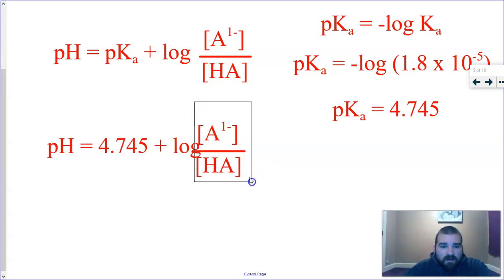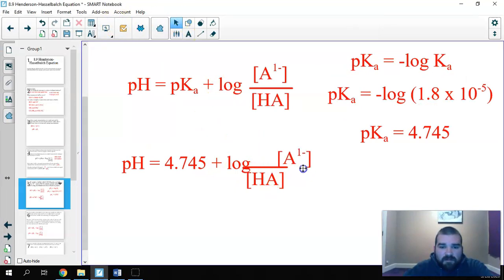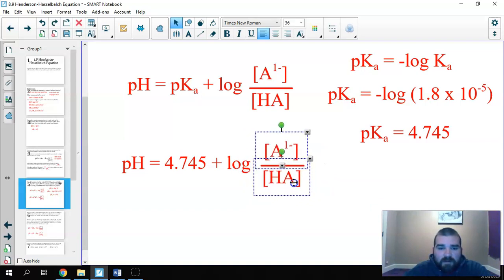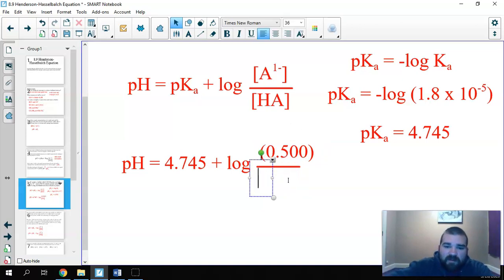And my log is going to be 0.5 divided by 0.5. And again, you can leave these as they are.